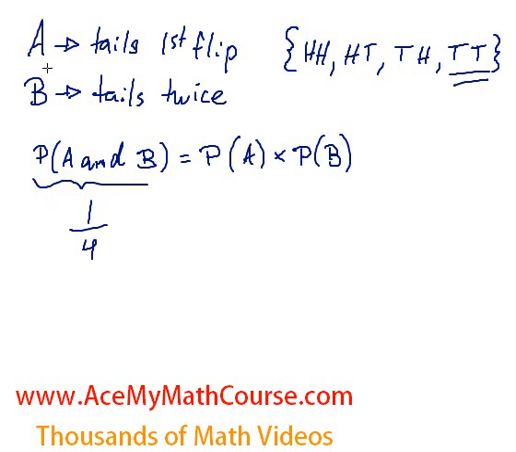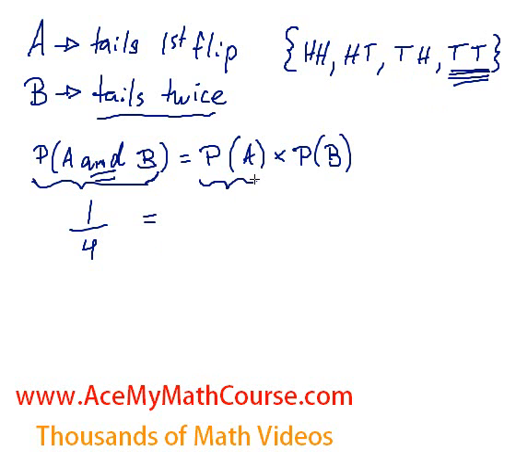Because if we're getting tails on the first flip and tails twice, that just means that we're getting tails twice. Does that make sense? Hope so. The AND, of course, represents that they both must happen at once. And if they happen at once, it must mean that we're getting tails twice.